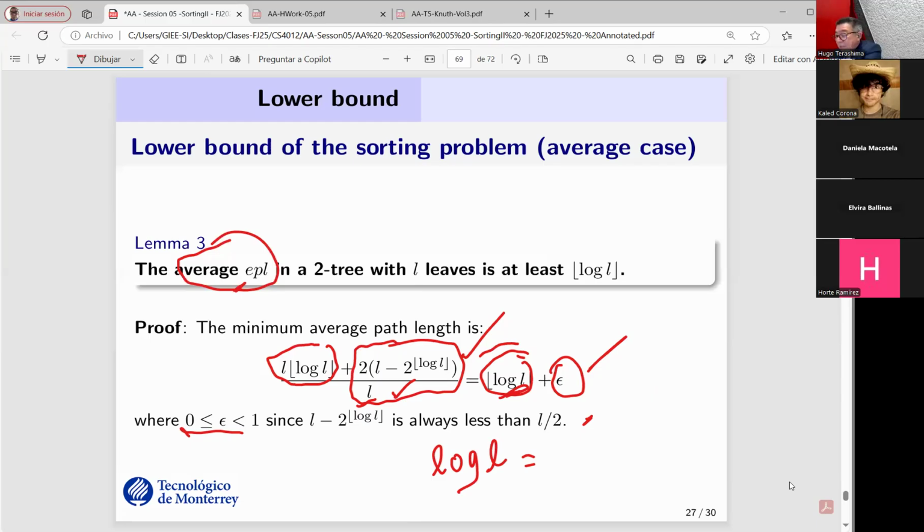All the possible permutations, right? In an array, how many permutations in an array of n elements?